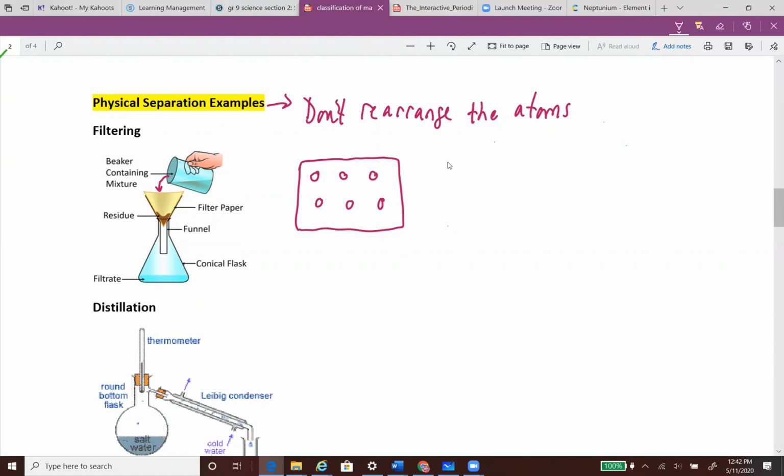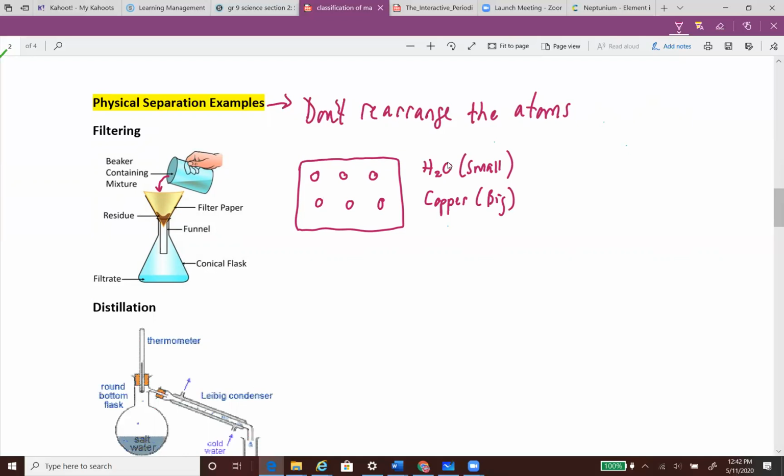So if let's say you have a solution that's made up of two types of particles, all right? Let's say one type of particle is water, and water is really small. And maybe there's another type of particle, like copper, and that's really big.